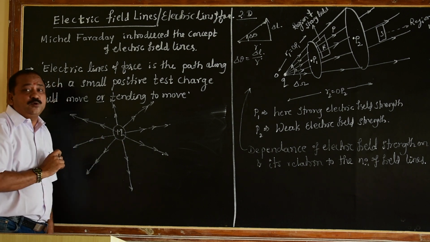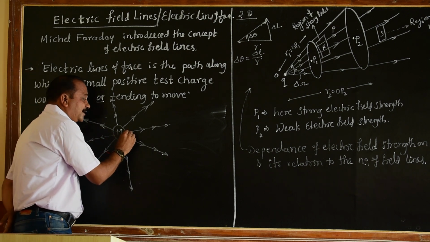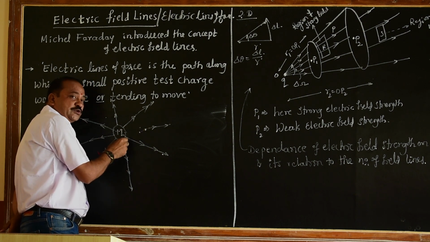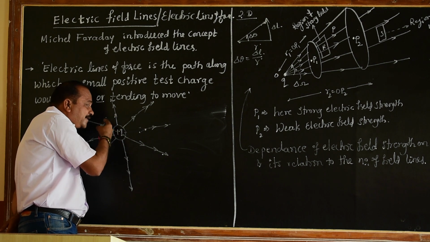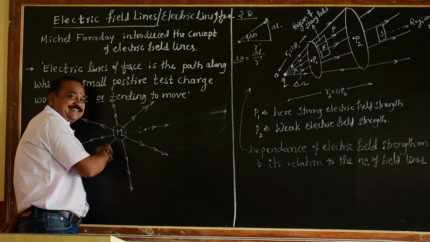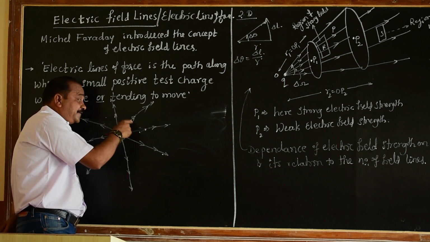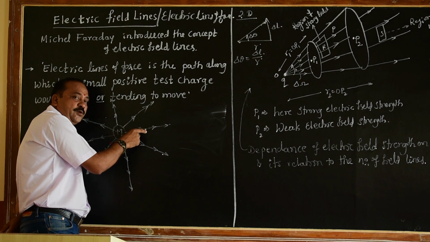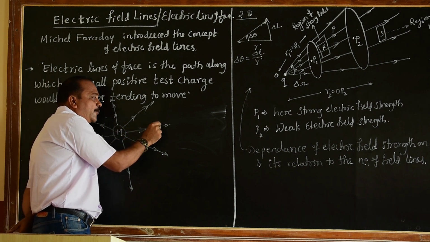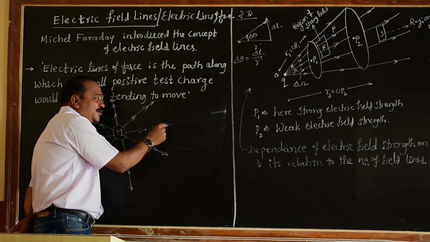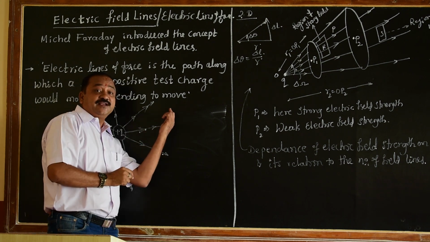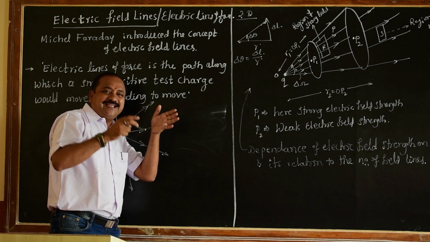So we can analyze this through the magnitude. If they are very close to this charge, the electric field will be more concentrated, with more strength, so the magnitude of these lines should be more. If they are moving away, their magnitude, the arrows, are smaller, because the electric field is weaker.